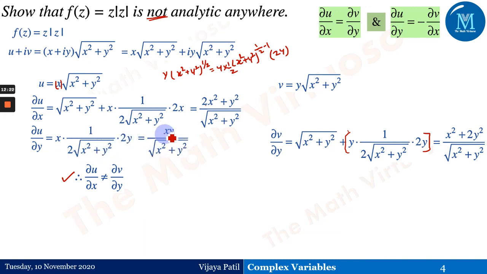So 2y will go off from here and remain here with the answer xy upon square root of x square plus y square, which again, if you observe, ∂v/∂x is y into this, which will give me xy upon square root of x square plus y square.